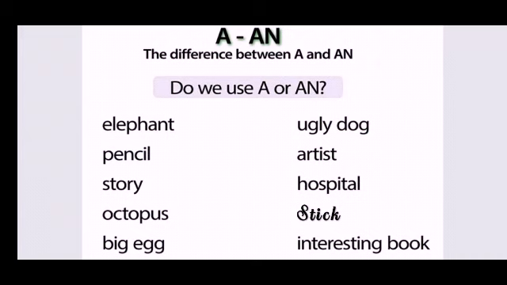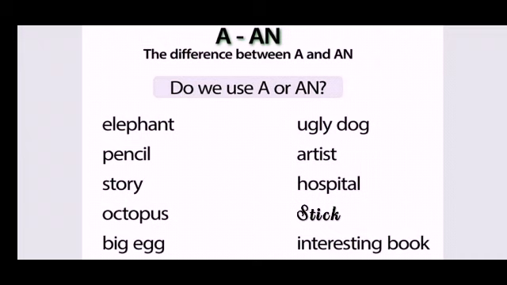In this example, we have the adjective big. Second one, ugly dog. Here the word ugly is an adjective. Third one, interesting book. Interesting is an adjective.